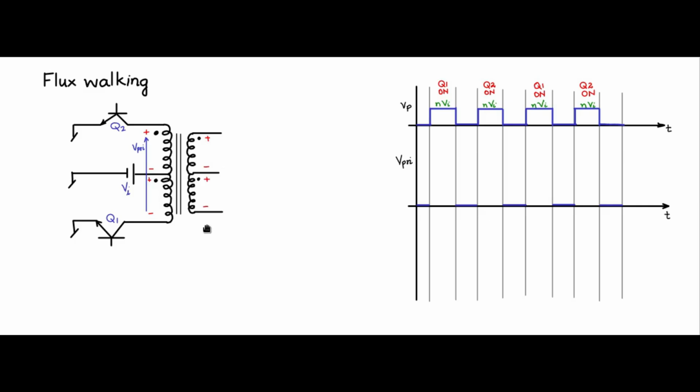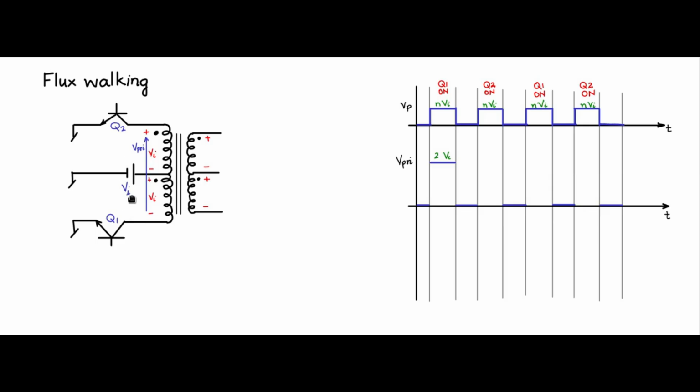The voltage will be VI and VI induced across the primary coils. So if I take the entire primary coil, it is VI plus VI, which is 2 VI. Let us mark that here. During the time when Q1 is on, with the dot ends positive, you will see a primary voltage of 2 times VI.